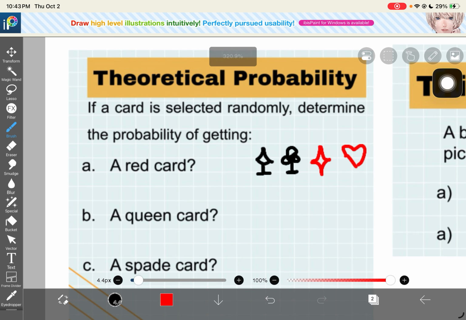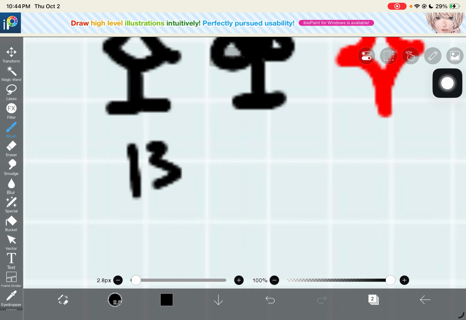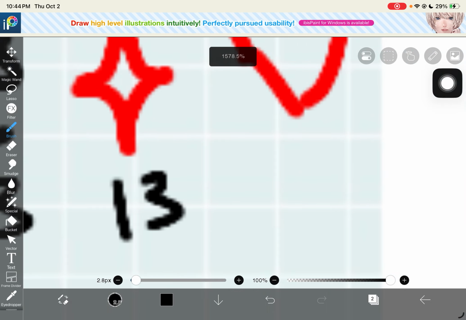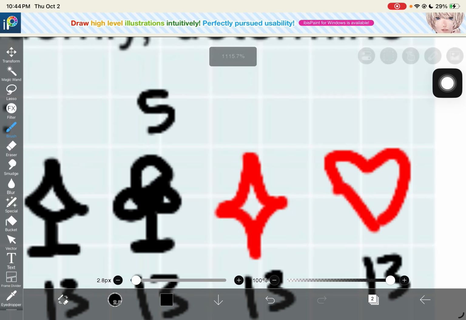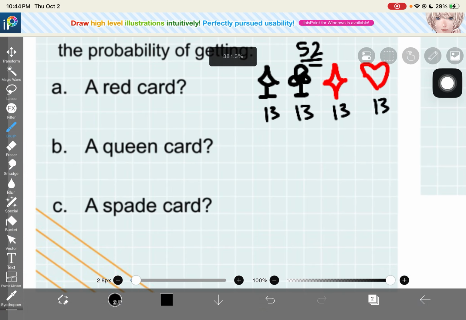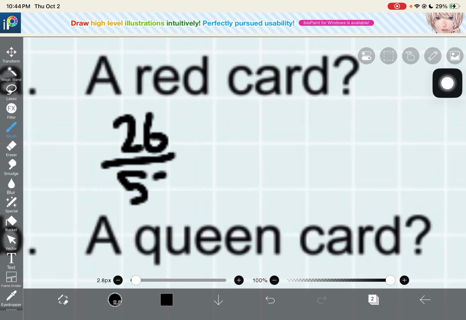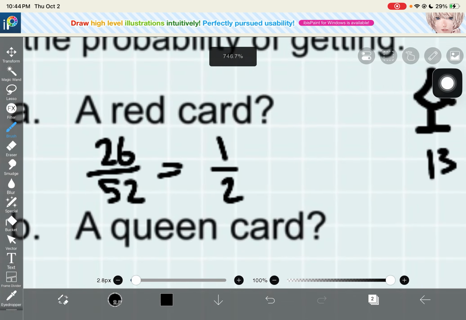Each of these suits contains 13 cards, a total of 52. We want a red card, so that's 13 plus 13, which is 26 over 52, or equal to 1/2.